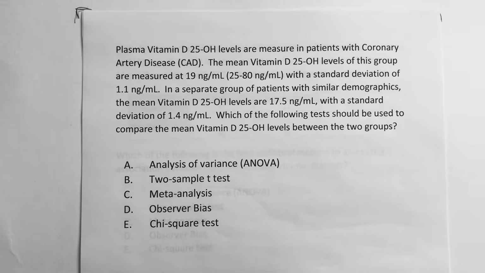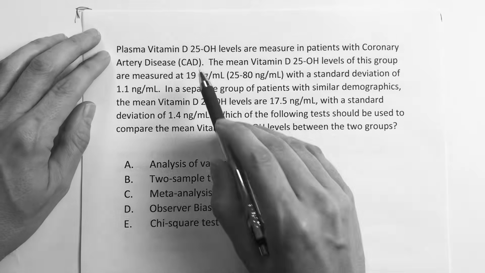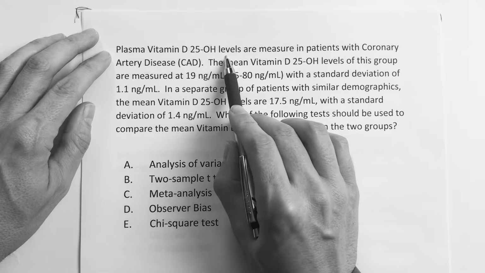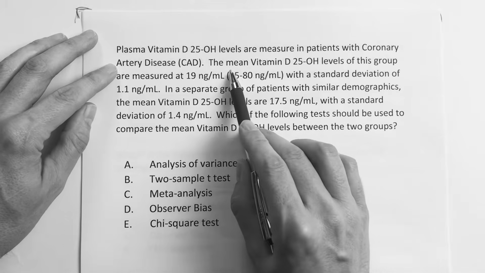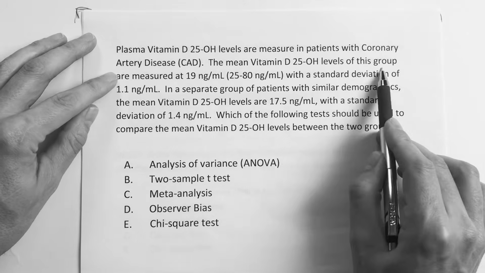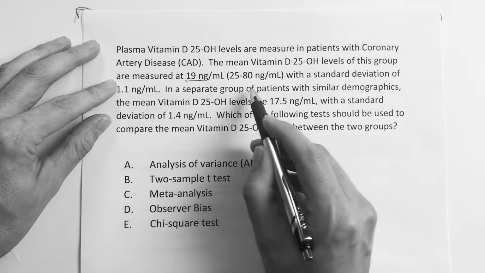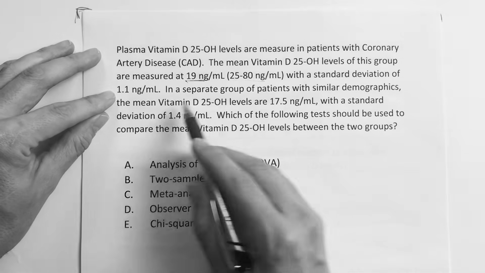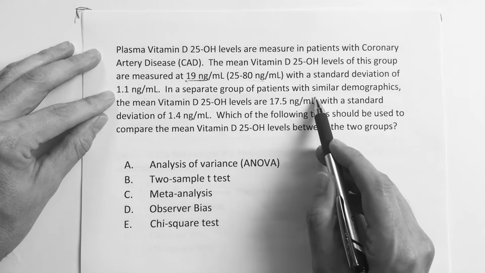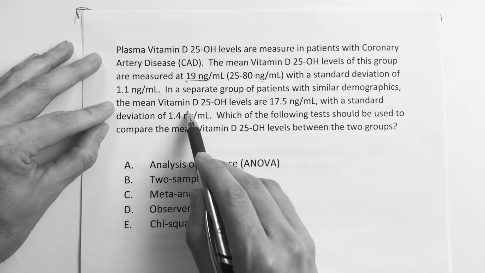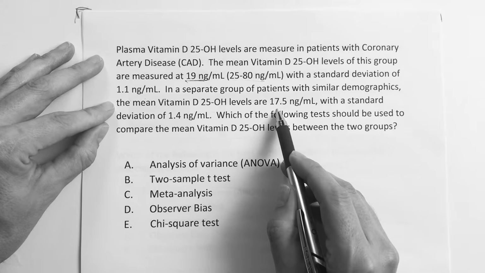Now, this one says, plasma vitamin D, 25OH, levels are measured in patients with coronary artery disease. The mean vitamin D level of this group was measured at 19, here's normal, with a standard deviation of 1.1. In a separate group of patients with similar demographics, the mean vitamin D level is 17.5.